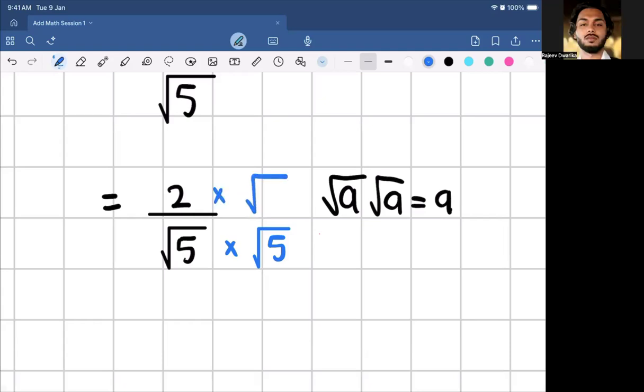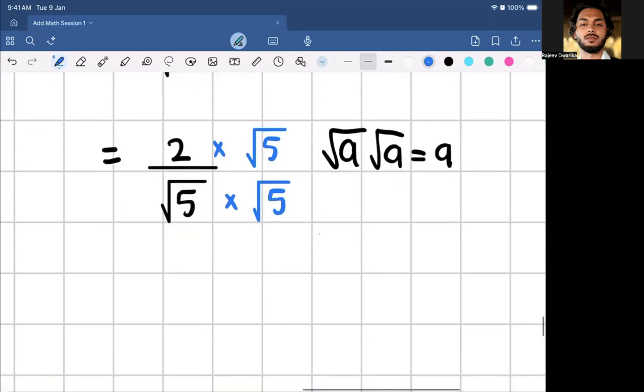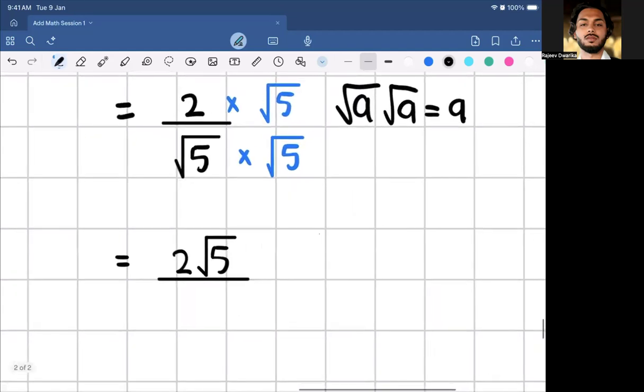Right. And if I do that, what do I end up with? So 2 by root 5 is just 2 root 5. And root 5 by root 5 is? 5. Yes.